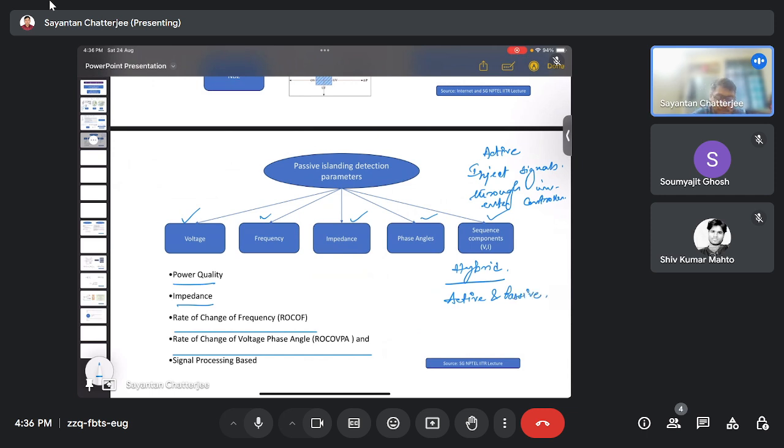Hybrid means both active and passive islanding detection techniques would be followed inside this single form, and communication based is based on PLC and SCADA system communication, where we can monitor the breaker status.